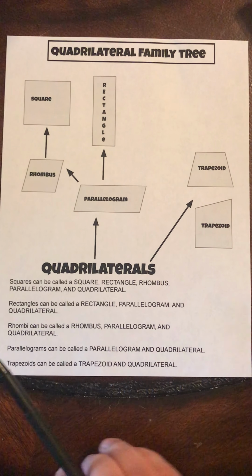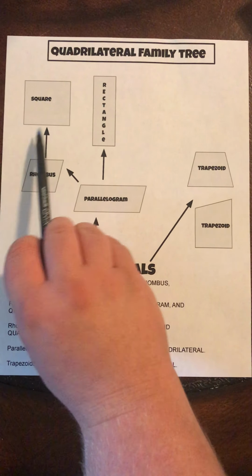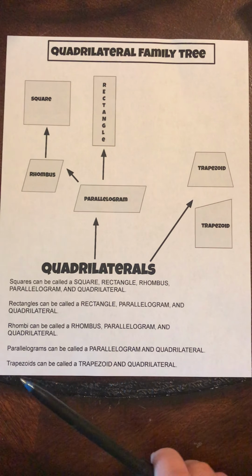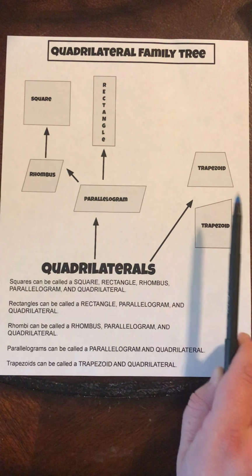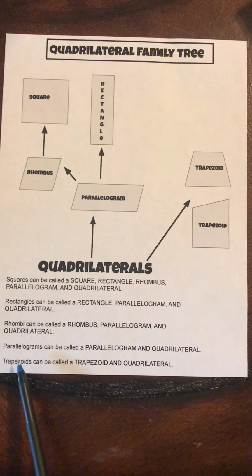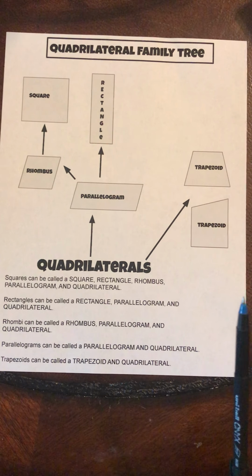But what sets a square apart is that it has these square corners. They're at 90 degrees, like a corner of a sheet of paper. So if I've got a corner of a square sheet of paper, I can call it all of these except the trapezoid. All right, parallelograms can be called parallelogram and quadrilateral only.